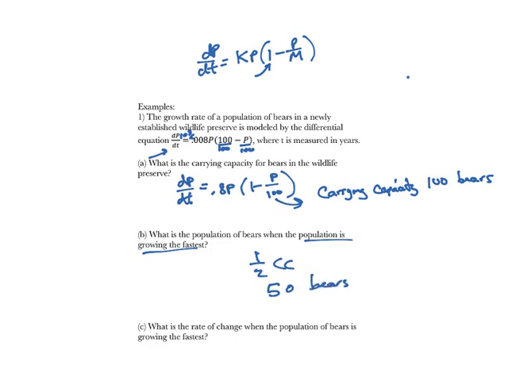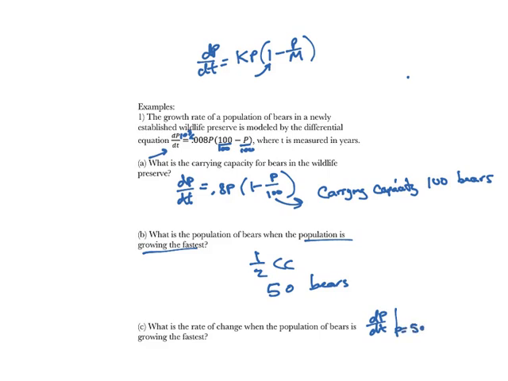What is the rate of change when the population is growing the fastest? So part C asks us, what is the rate of change when the population of bears is growing the fastest? So in that case, I am wanting to know what dp over dt is when p equals 50.